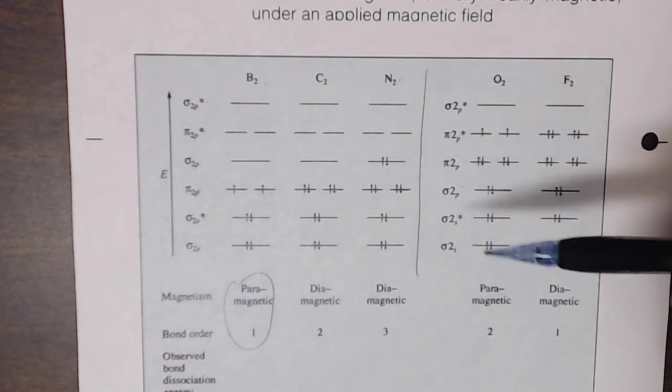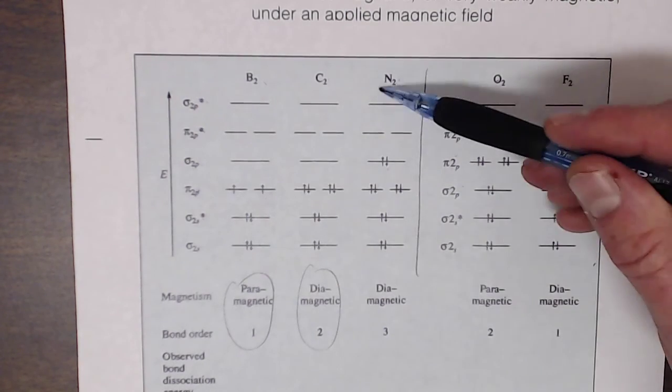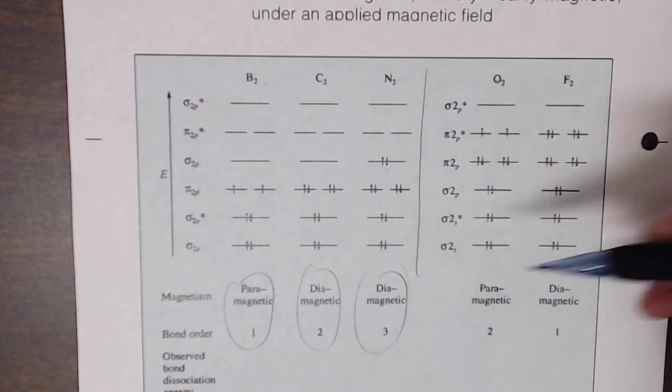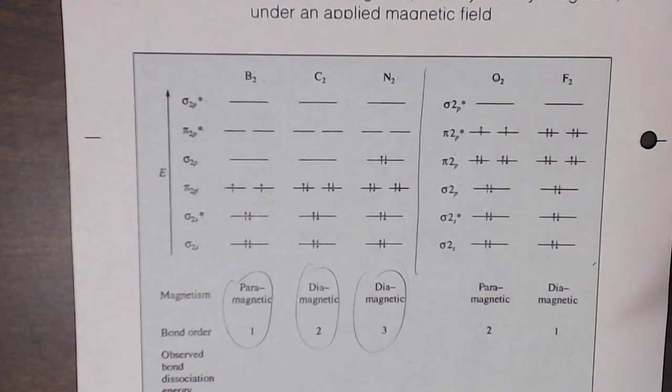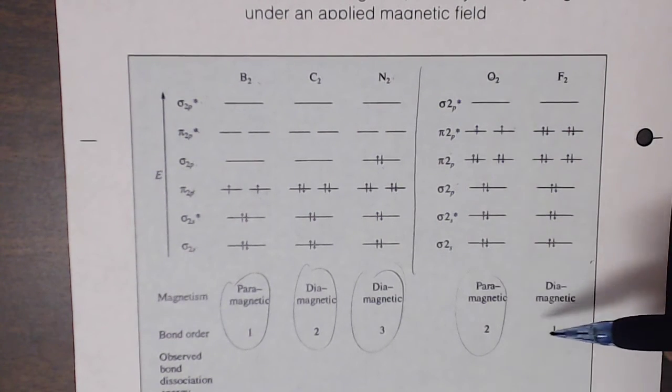We predict that C2 is diamagnetic and has a bond order of 2. N2 is diamagnetic and has a bond order of 3. And all of this we would have predicted from the Lewis structures. O2 has 2 unpaired electrons. It's a diradical, and that makes it paramagnetic with a bond order of 2.